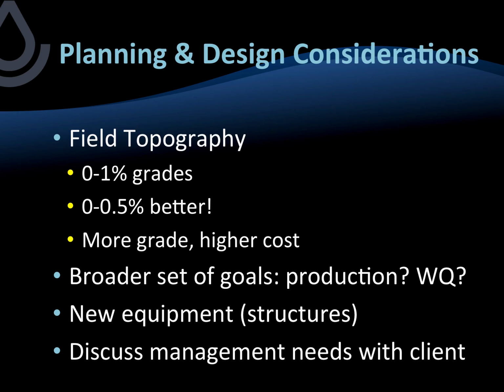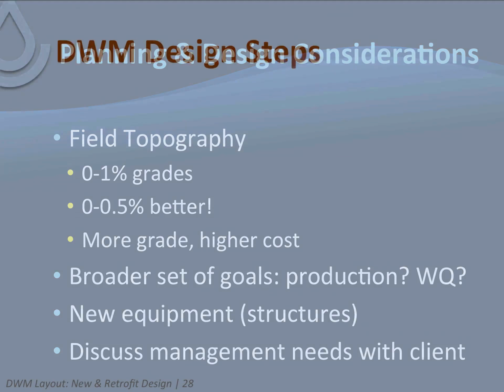And we also have the management component now that will need to be discussed with the client. And this wasn't the case in a traditional drainage system, sort of put it in and forget about it for the classical drainage system. But with these systems, management is very important and needs to be discussed. So those are a few things to keep in mind with regard to the planning and design of these systems.